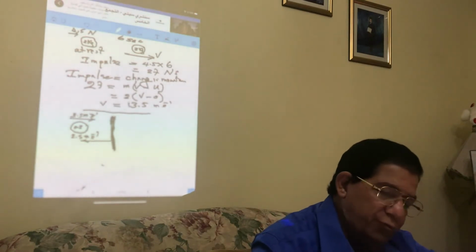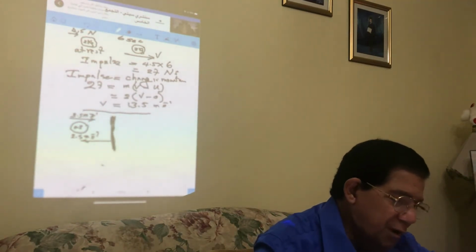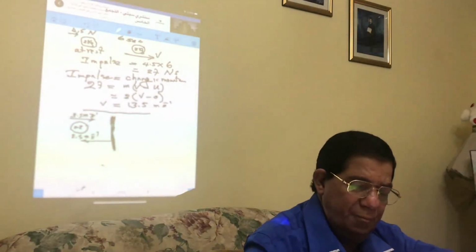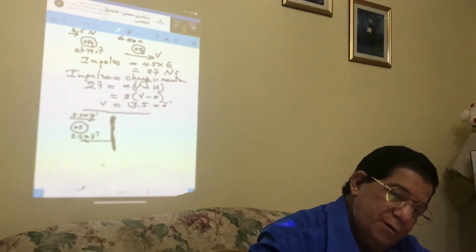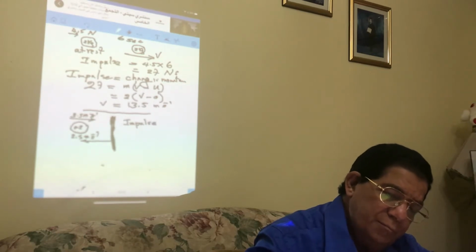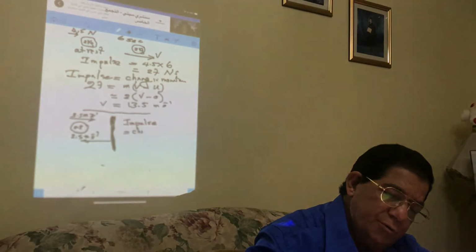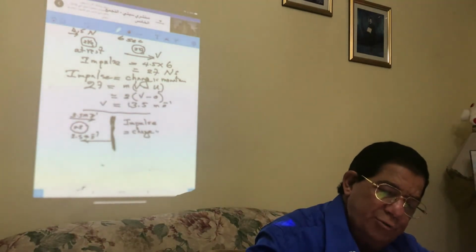We wanted to find the impulse given to the ball. Now we say impulse equals a change in momentum, equals m(v minus u).